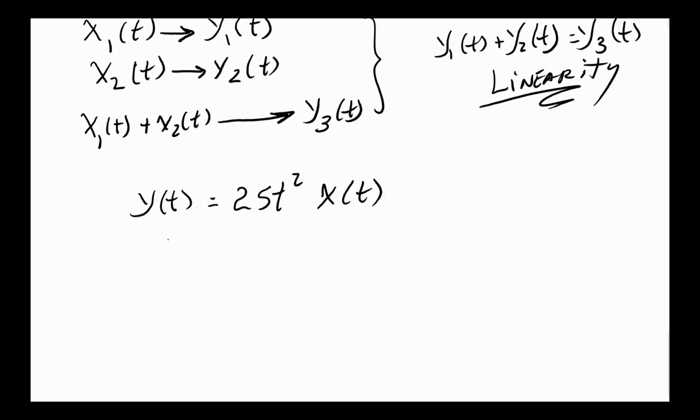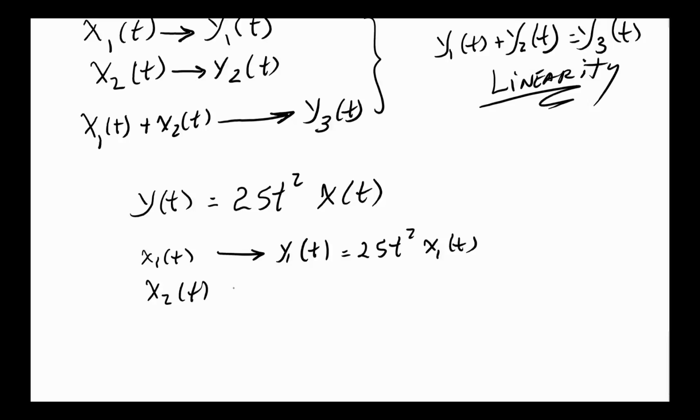If I do the test, I put x1 of t in the system, which means y1 of t will be 25t squared x1 of t. And if I put x2 of t in there, then I've got y2 of t equal to 25t squared x2 of t.